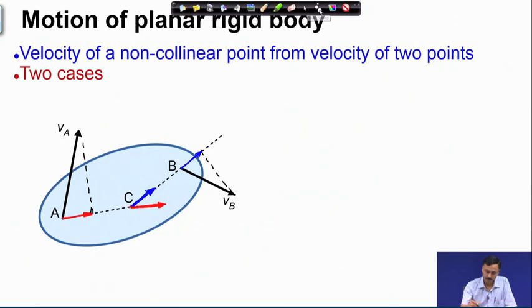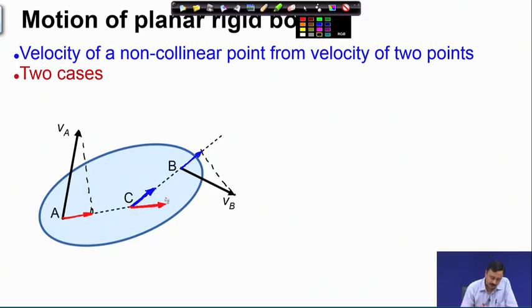Now, I have to locate or find out the velocity of point C. So, remember what are the constraints on the velocity of point C? Whatever be the velocity of point C, its projection along CB must be the blue vector at C, and its projection along AC must be the red vector that I have drawn at C.